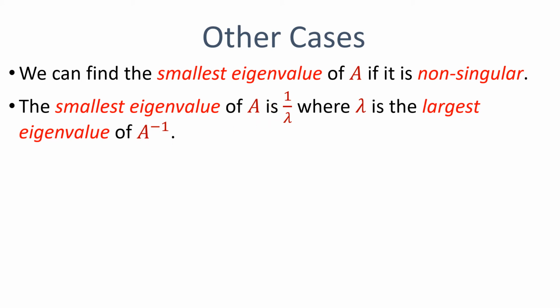In other words, the smallest eigenvalue of our starting matrix A is 1 divided by the largest eigenvalue of the inverse matrix of A. So this is why we need this condition of non-singularity.